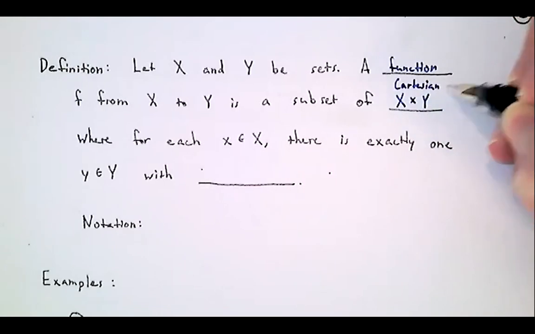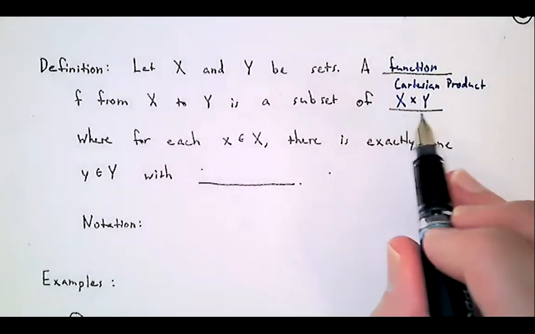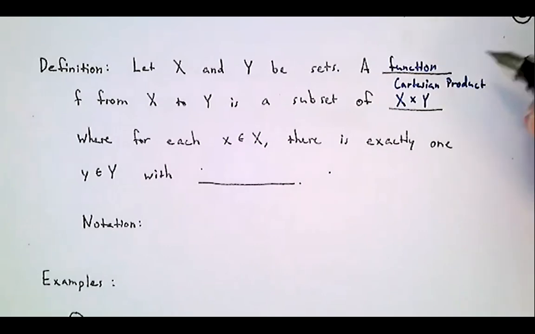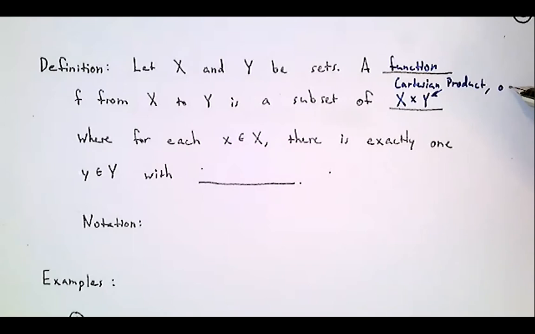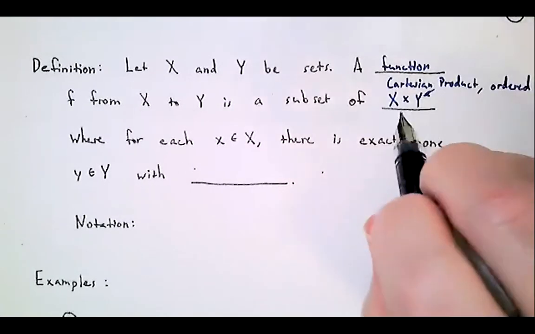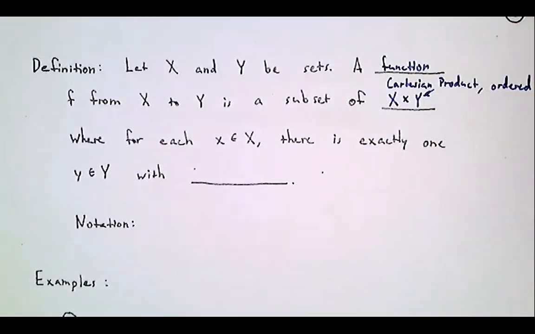So in case you haven't thought of the Cartesian product in a while, let me remind you that this is just the set of ordered pairs where your first element comes from the set x and the second element in your pair comes from the set y.